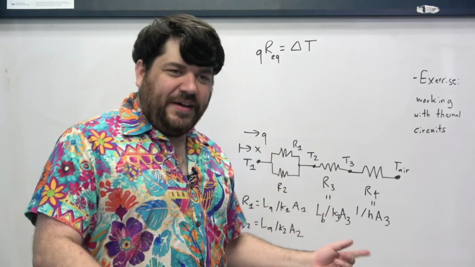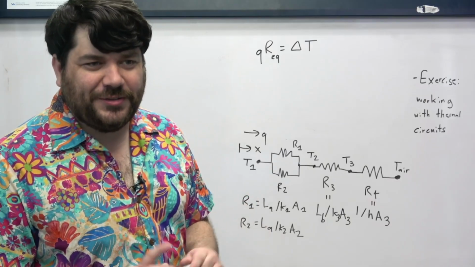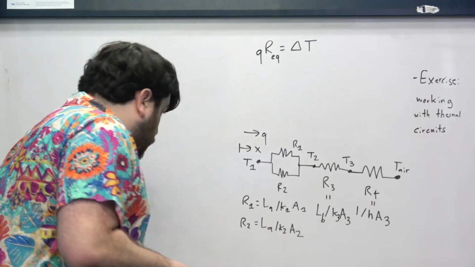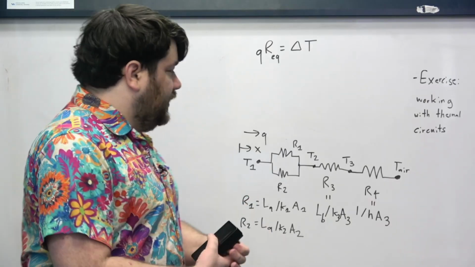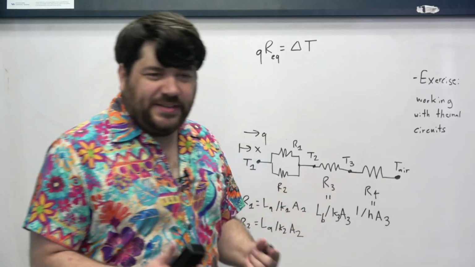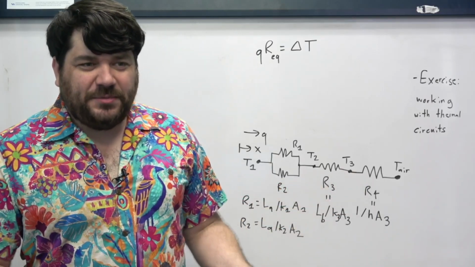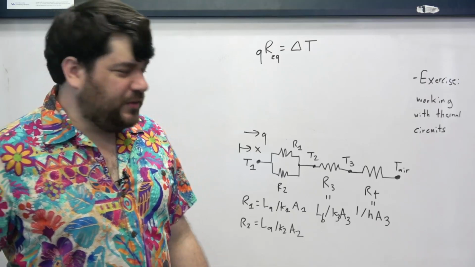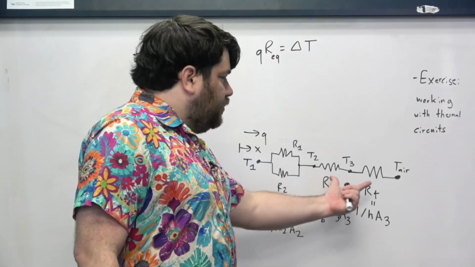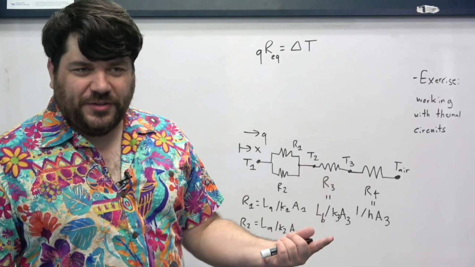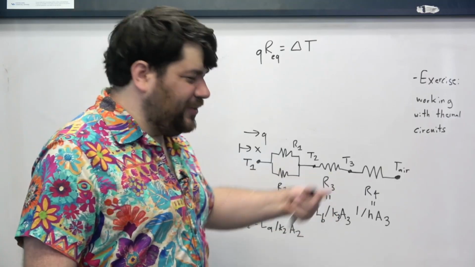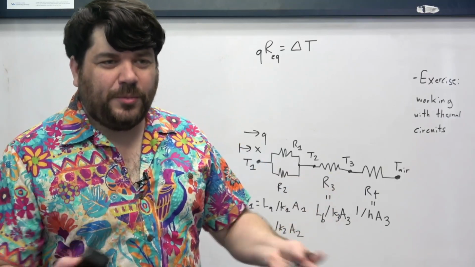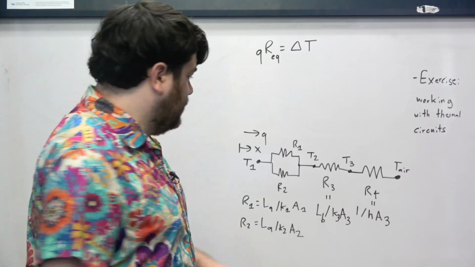The only thing that affects is what the actual value of those resistances is. So what we can do is the replacement process that we had talked about previously, where we just replace these two with a thermal resistance that, because these two are in series, has the thermal resistance of the sum of both of them.